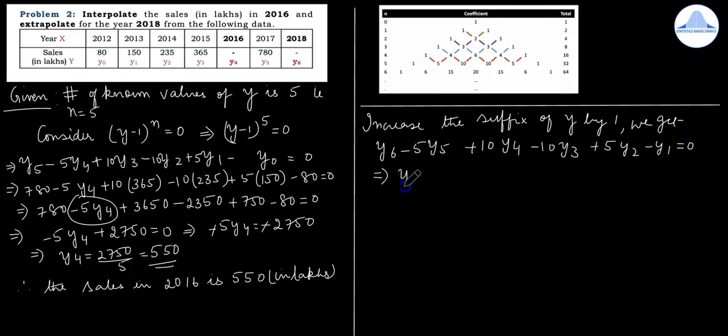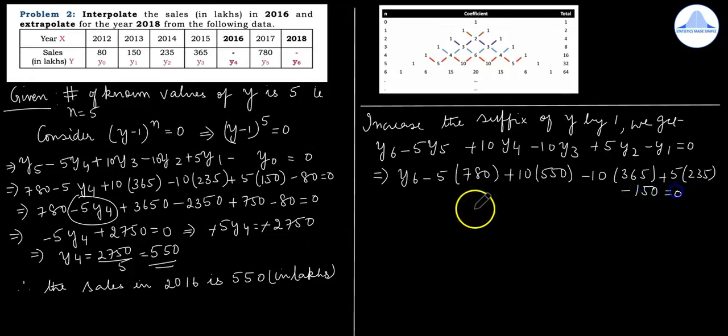So which implies y6 minus 5 into 780 plus 10 into 550 minus 10 into 365 plus 5 into 235 minus 150 is equal to 0.